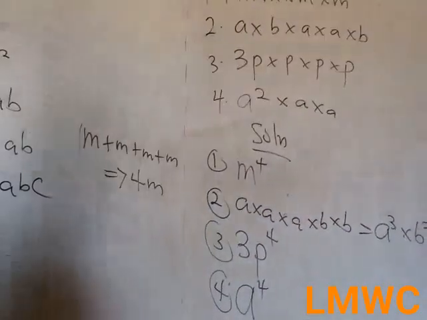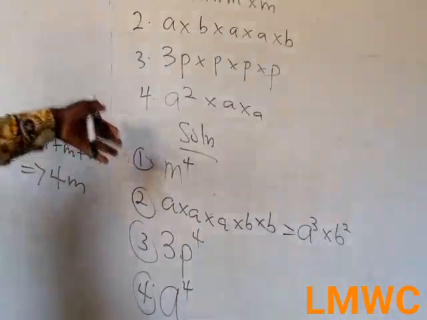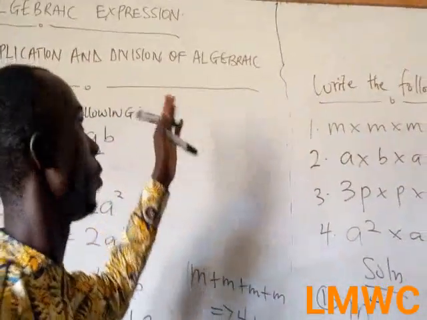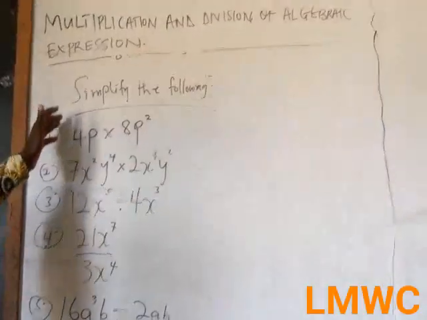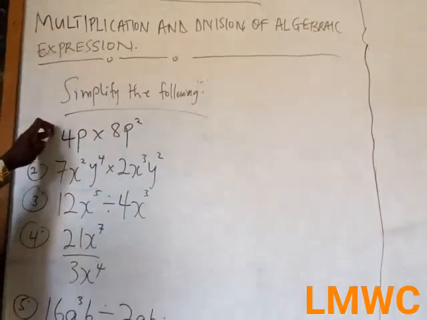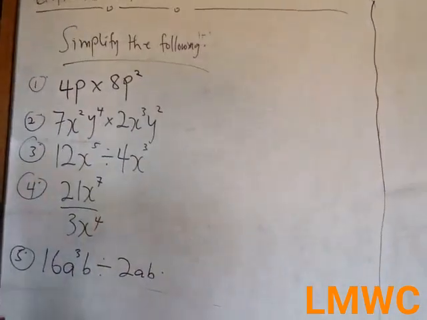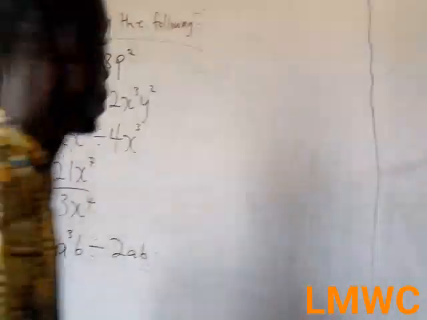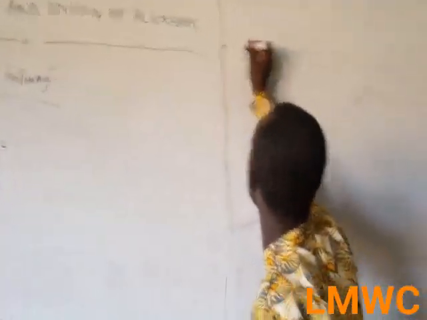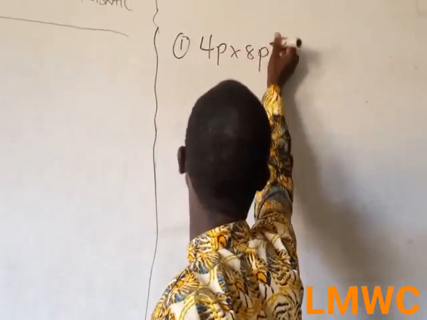If you are asked to write the following in its simplest form, once you know this, multiplication and division of algebraic expressions becomes simple. So I have given you these questions to simplify, and you also apply indices for multiplication and division of algebraic expressions. 1. 4p times 8p squared.